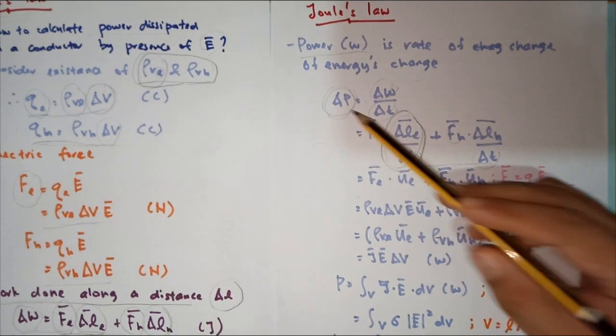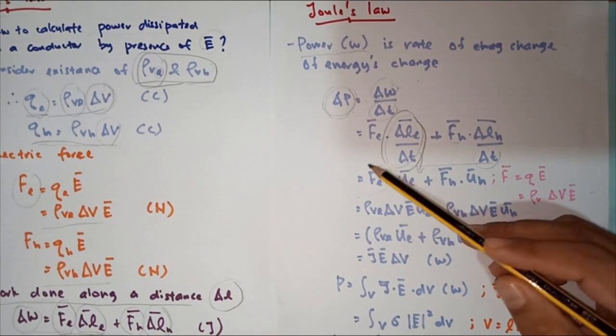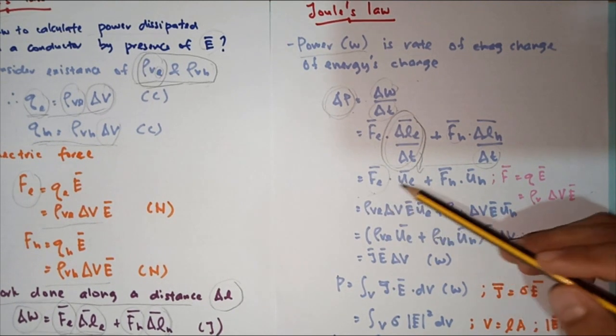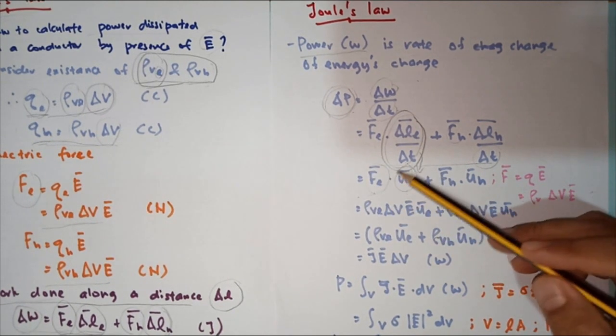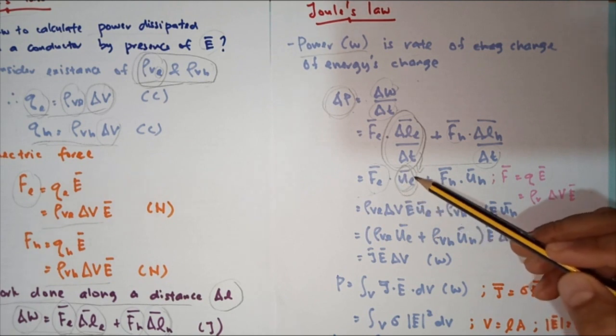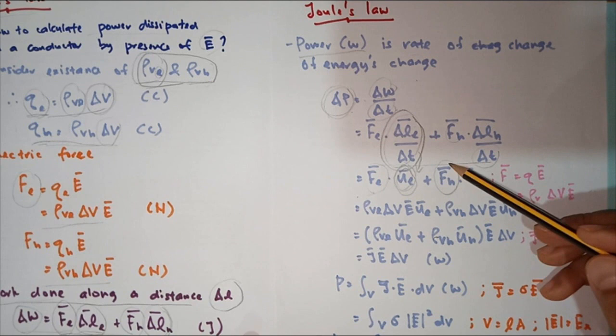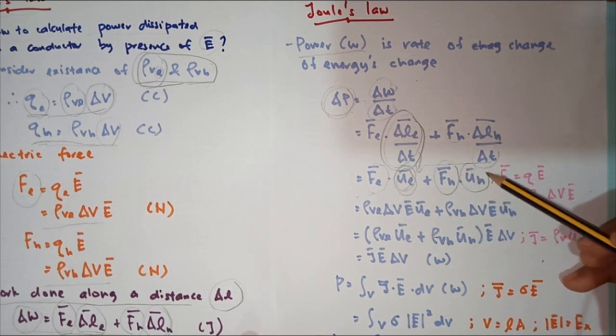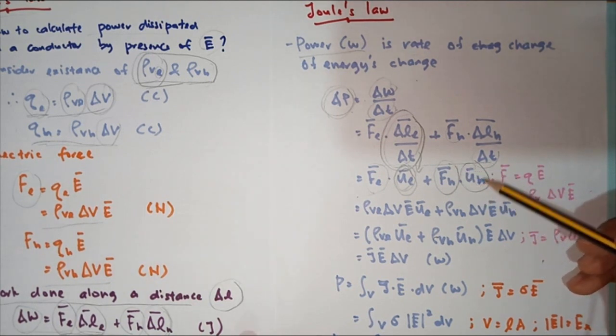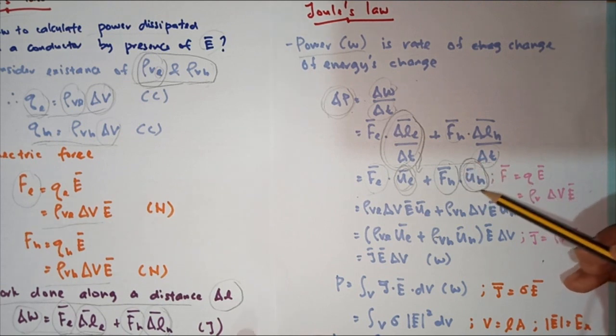Here we will have the vector of force Fe dot the vector Ue, which is the drift velocity for the electron, plus the vector Fh dot the vector Uh, which is the drift velocity for the hole.